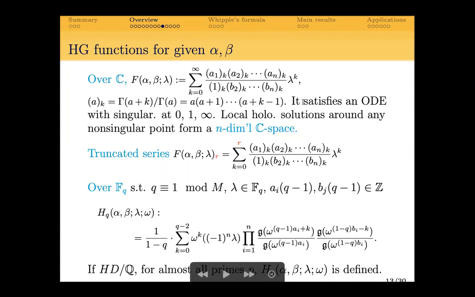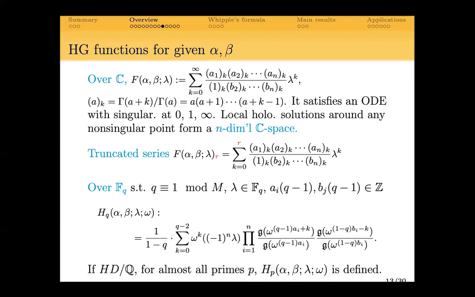In particular, for such a differential equation, if you look at solutions avoiding the singularity at any good point, the local solution space will be n-dimensional. So this is the basis on which you can build a monodromy representation. And what we have seen before is the truncated hypergeometric series. If I put a subscript, that means the truncation. I'm not going to infinity, but go to where the subscript tells me. So this is the truncated hypergeometric function.